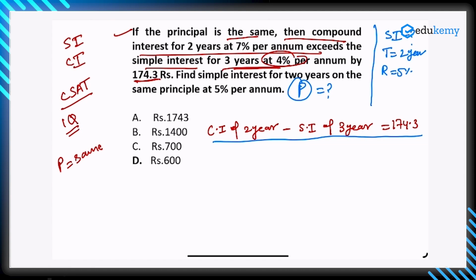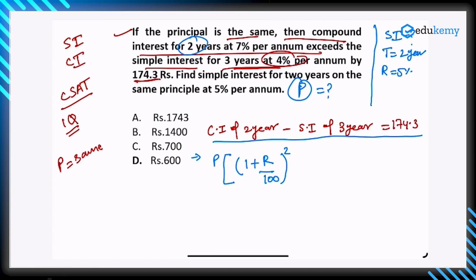Okay, so what is the formula for compound interest? The formula to find the compound interest is P, the principal, into 1 plus R by 100 raised to power N, minus 1. N is the time period. N यहाँ पे 2 है because 2 years are given.